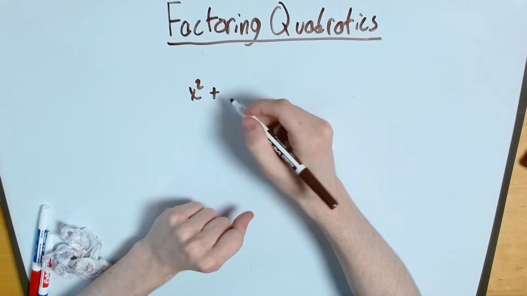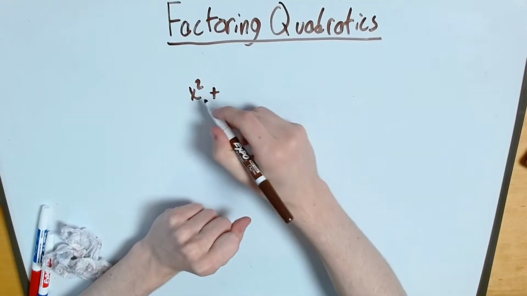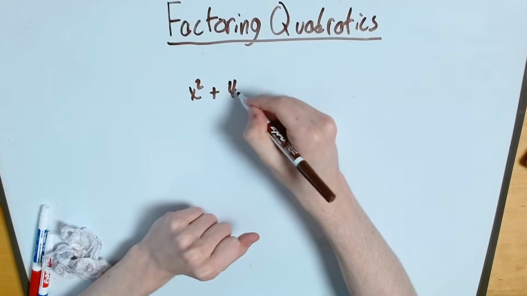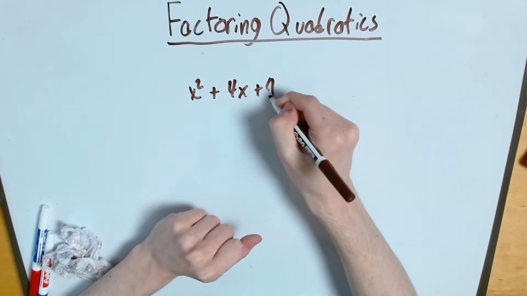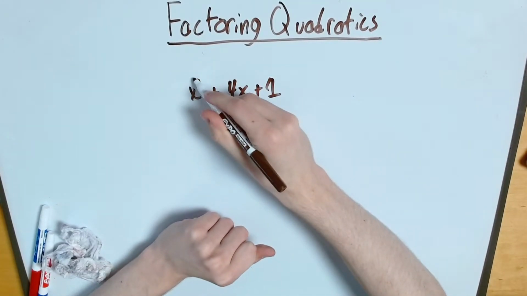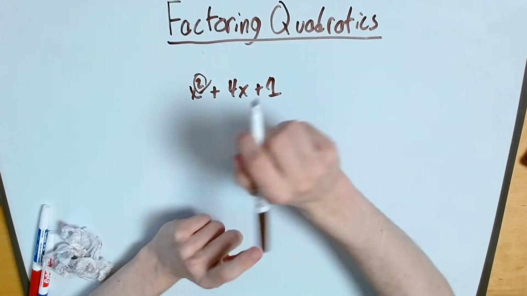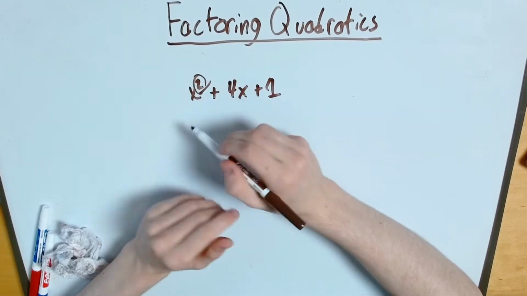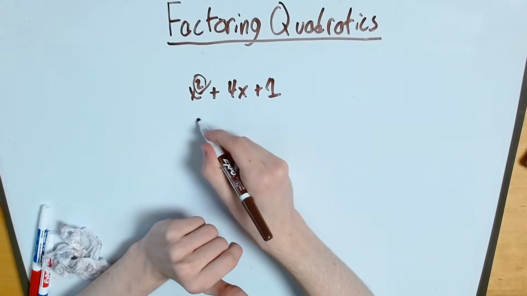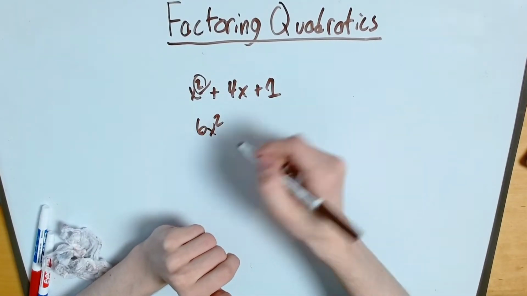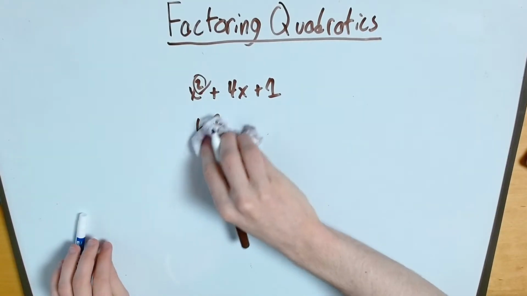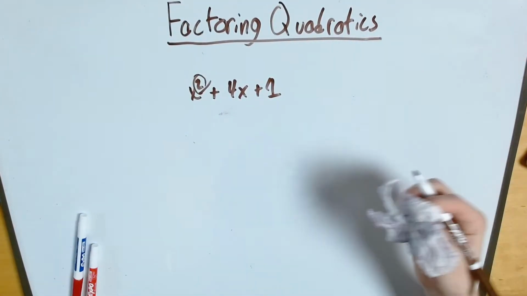Quadratics always have a degree of 2. So an example of a quadratic would be x squared plus 4x plus 1, where the highest the x power goes is 2. Quadratics will always start with something x squared, whether it be just plain x squared or 6x squared or any other x squared term. And that is what defines a quadratic.